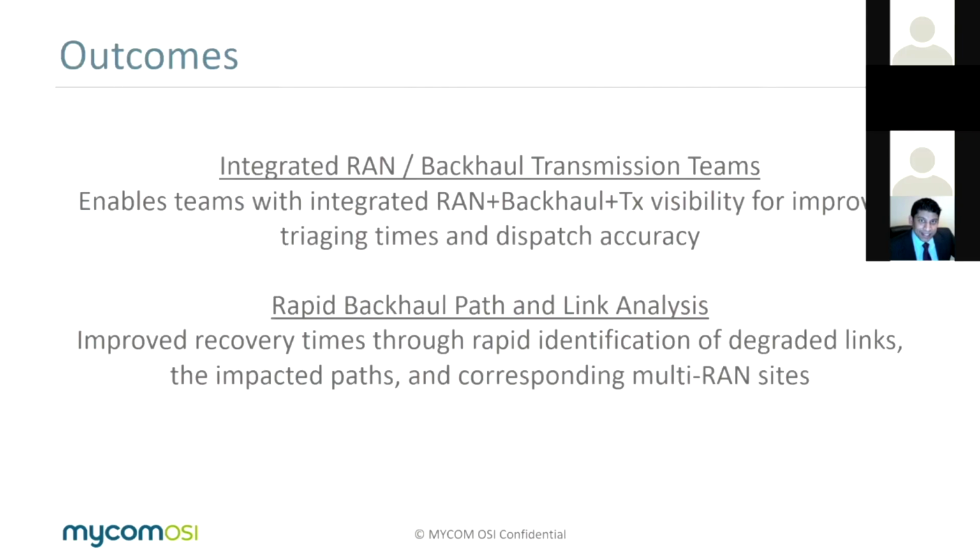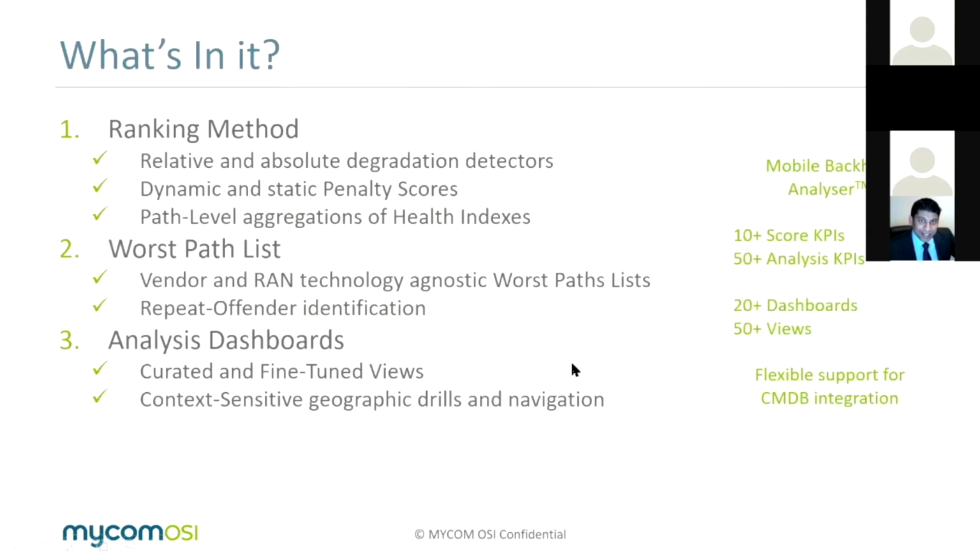So the outcomes are integrated RAN and backhaul and transmission performance management and optimization. It enables teams with integrated multi-domain capabilities for improved triaging times and dispatch accuracy. And it also allows you to rapidly identify the backhaul paths and links which are severely congested, and isolate these issues from the radio cell sites too.